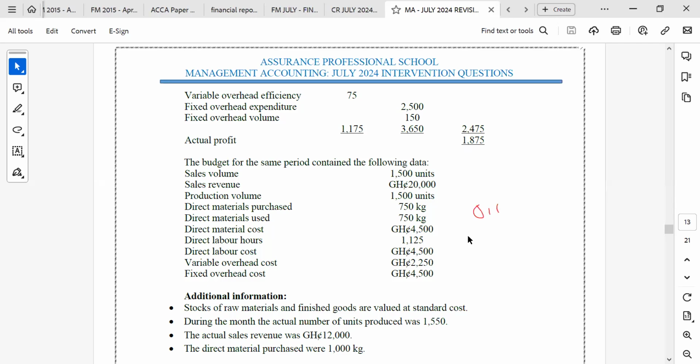So as soon as we know 0.5, can we calculate our standard quantity for the period? Standard quantity will be 0.5 multiplied by the actual quantity produced during the year. That will be 1,550 times 0.5, which gives 775. That is our standard quantity.